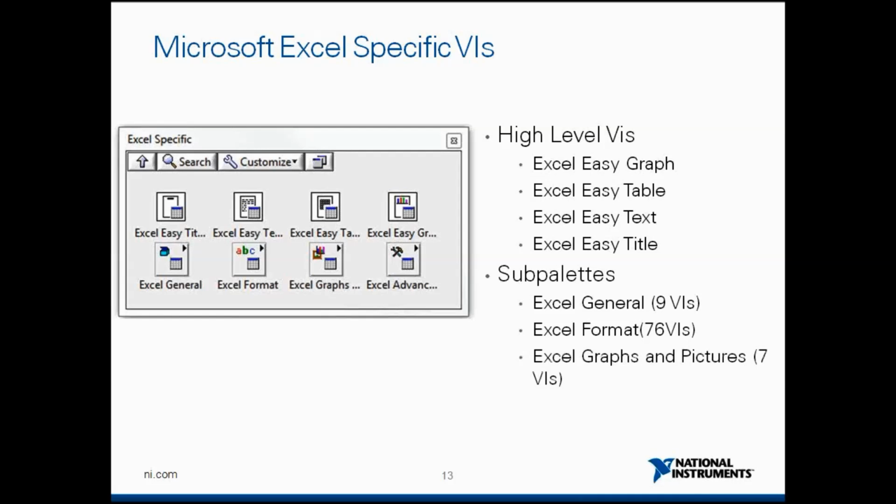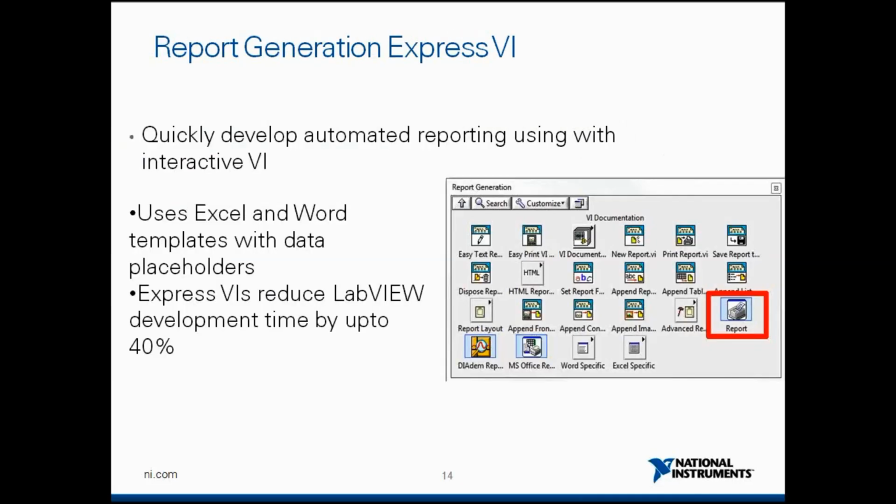We have Excel Graphs and Pictures, which is used to edit the properties of a picture, the color, the size, etc. And we have Excel Advanced VIs, which is to achieve advanced functionality. All these palettes, you see the high-level VIs on the top corner of the screenshot, and the sub-palettes on the bottom corner.